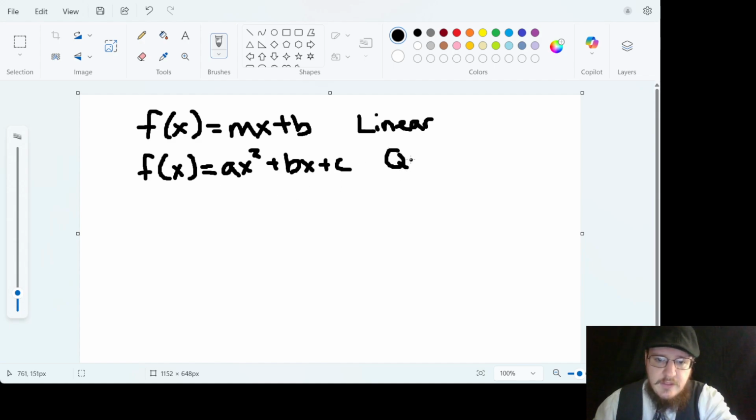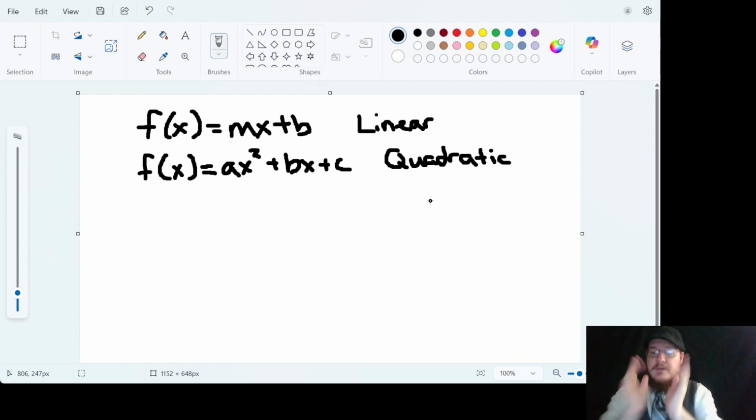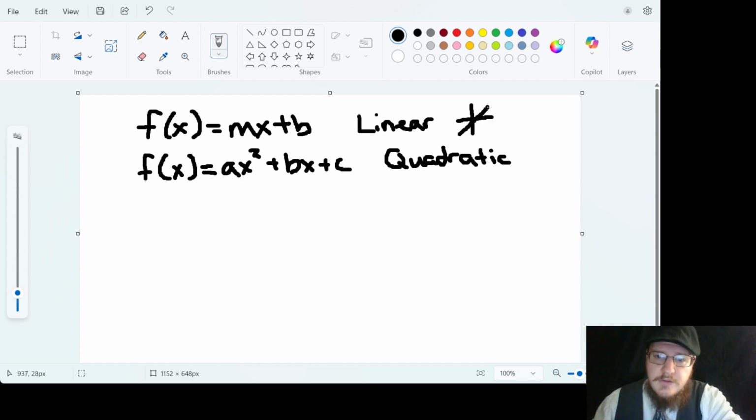Okay? Last week, I gave a basic example of a quadratic function. Okay? And it was just an x squared and a constant establishing our parabola that we had. So a linear function is like this.